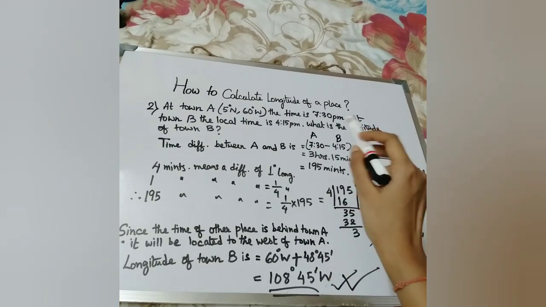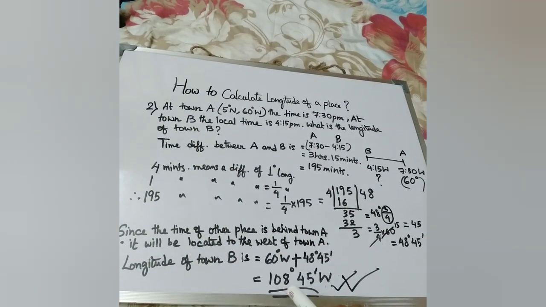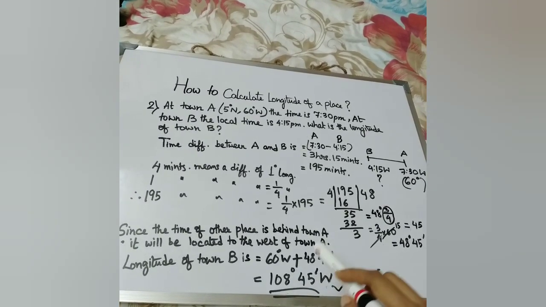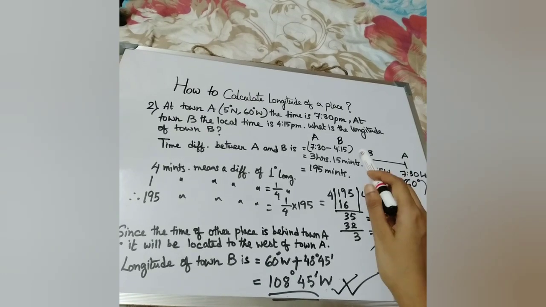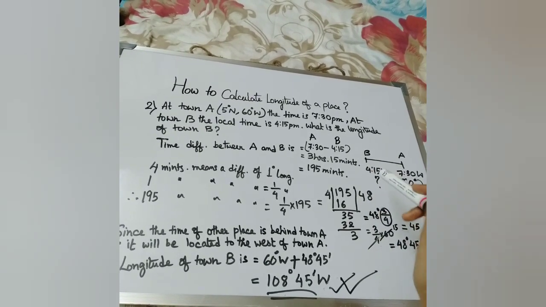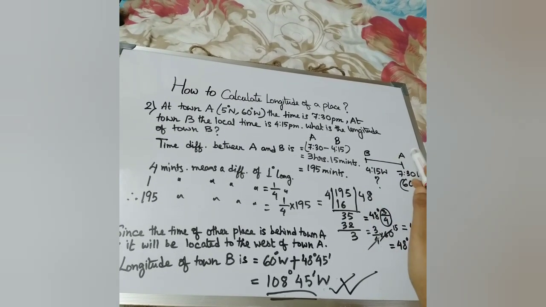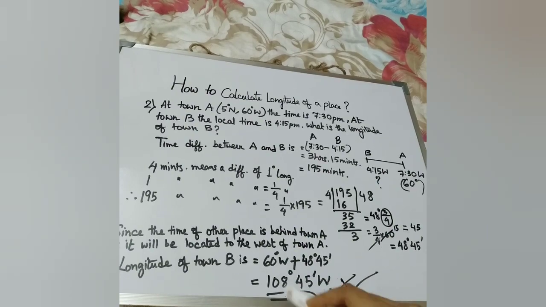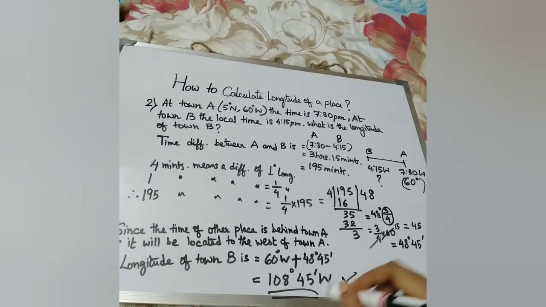So the longitude of town B is 108 degree 45 minute west, because this place is situated behind the town A, because the timing is behind the town A. So it is in the western part of town A. So our answer is 108 degree 45 minute west.